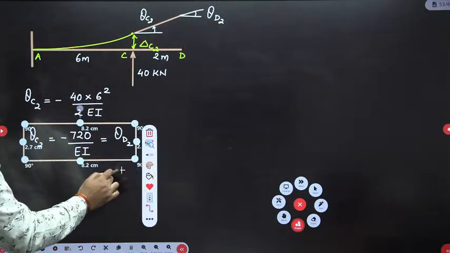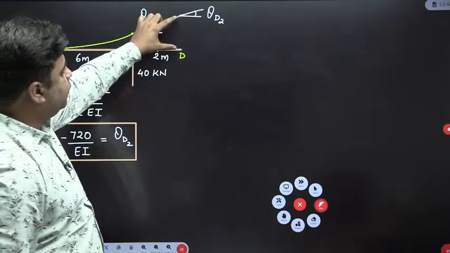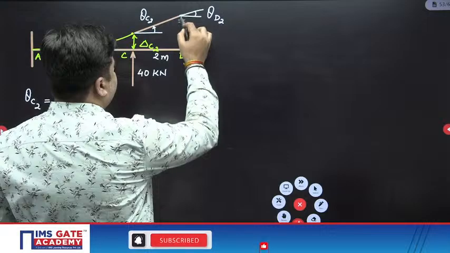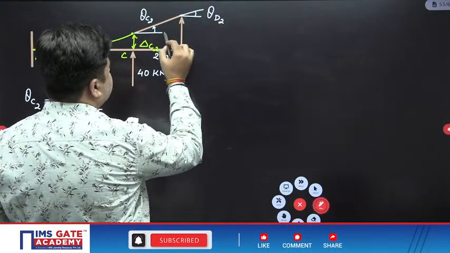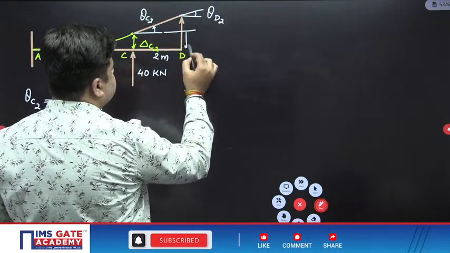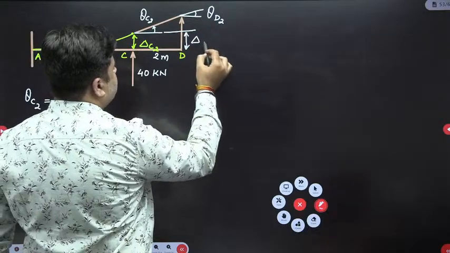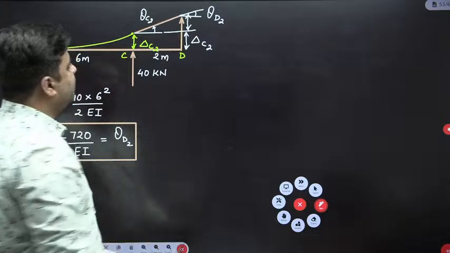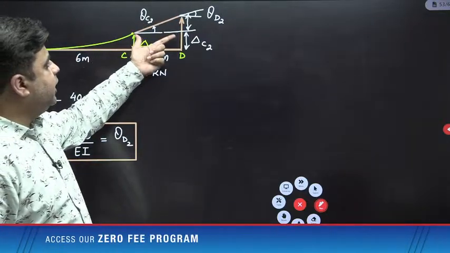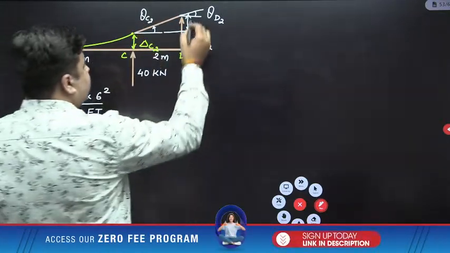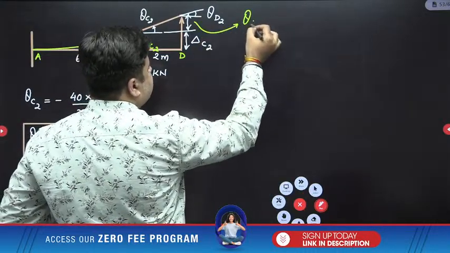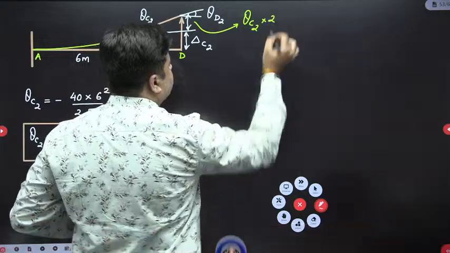Now after this you need to find out the value of delta D2. So delta D2 is how much? From here to here, what will be the value of delta D2? You check this out. This is delta C2 and this remaining value will be theta C2 into 2, right?